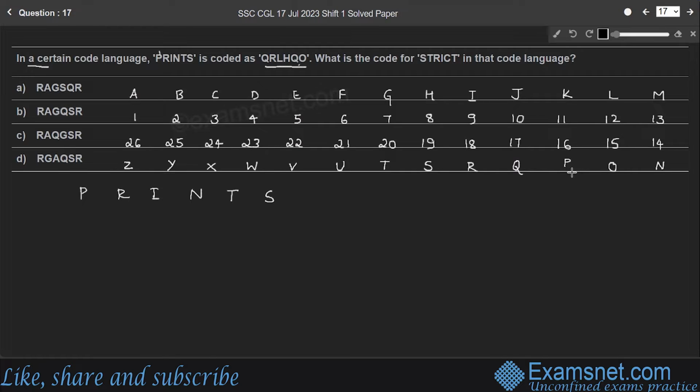P is coded as O here. So it is coded in reverse manner. P is coded as O because the positional value of P is 16, O is 15.